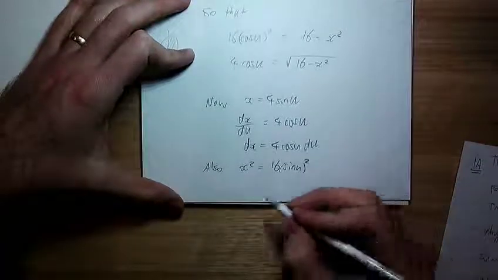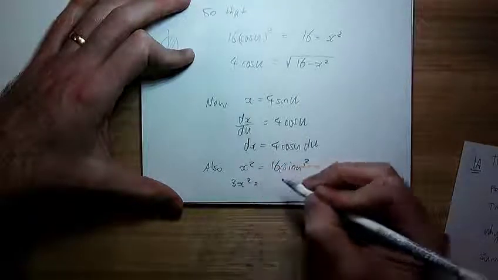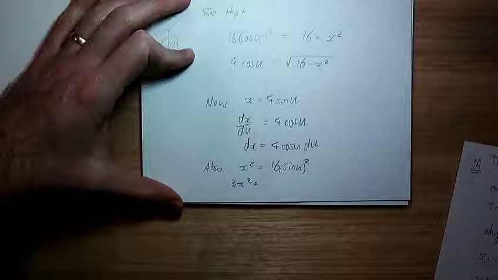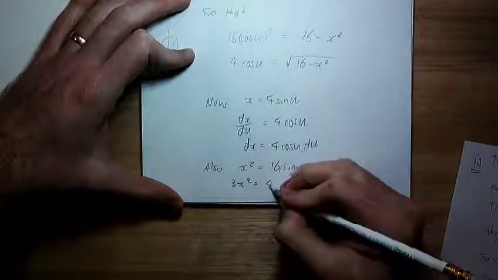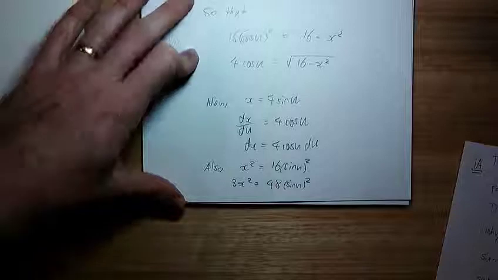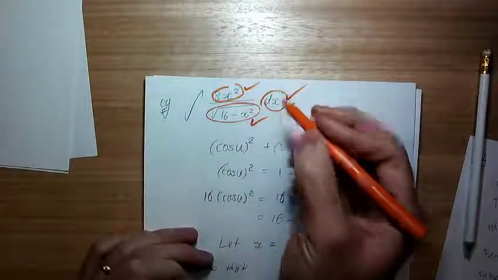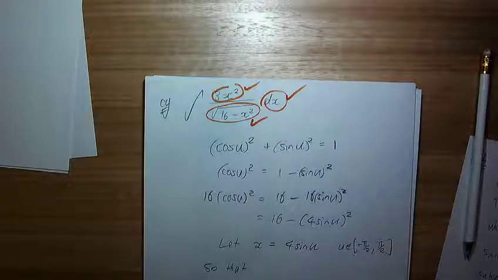So we want 3x squared, don't we? 3x squared must be 3 times 16. 3 times 10 is 30, 3 times 6 is 18, 48. Okay, so let's just go back. We've got a 3x squared. Excellent. I've covered everything. I can replace it all.